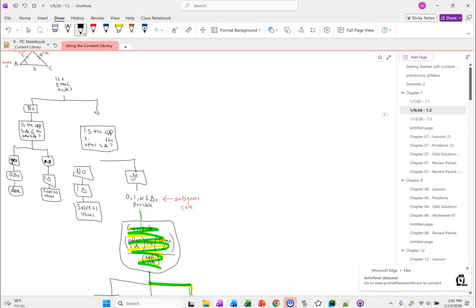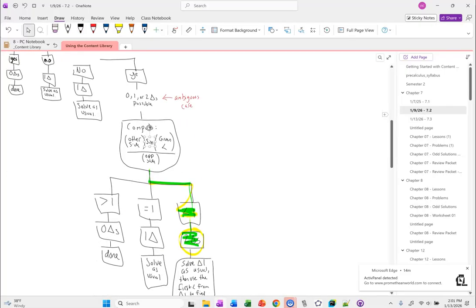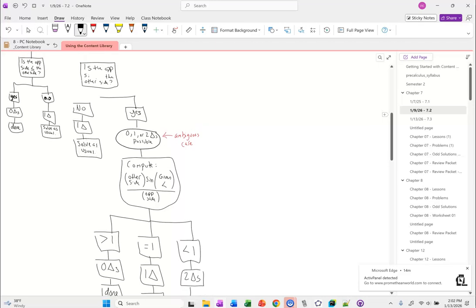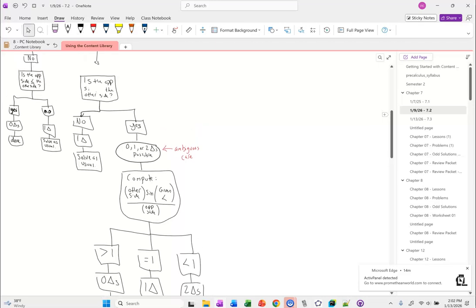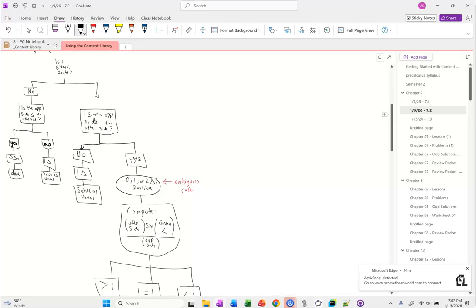I did too much highlighting here. What was this, right?